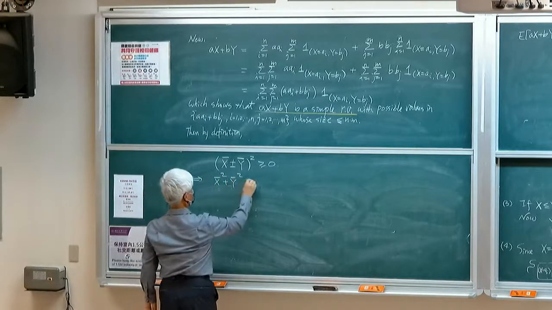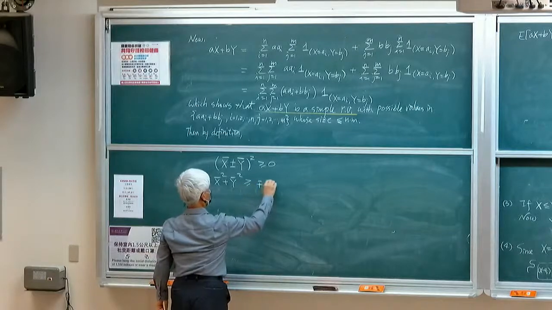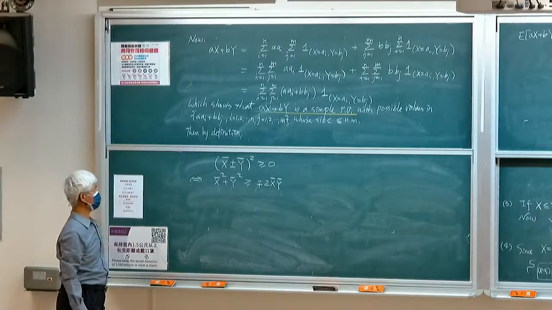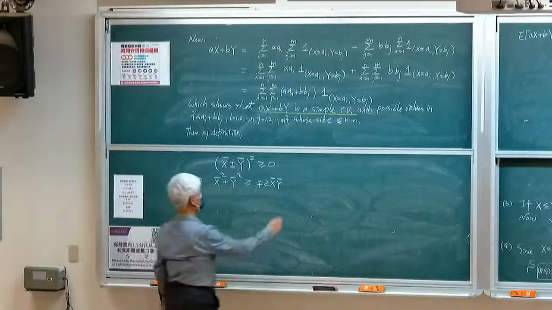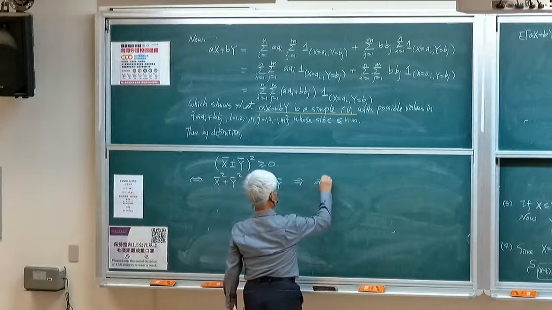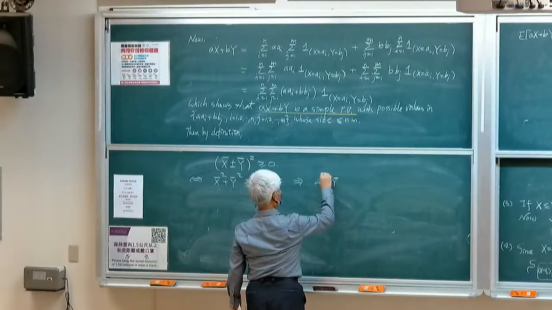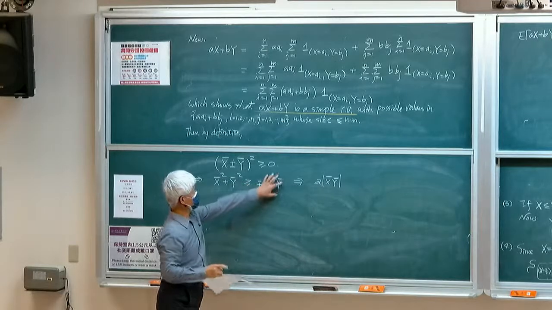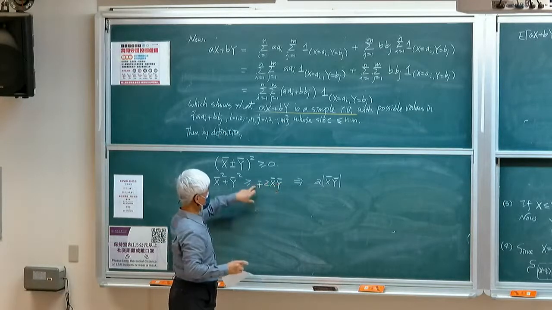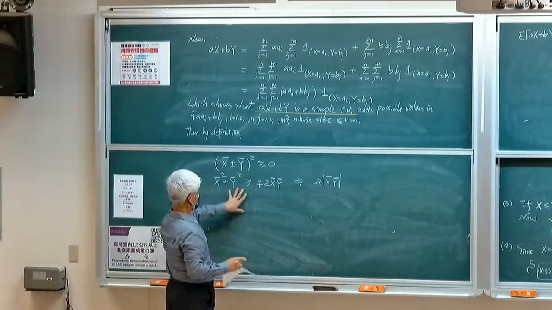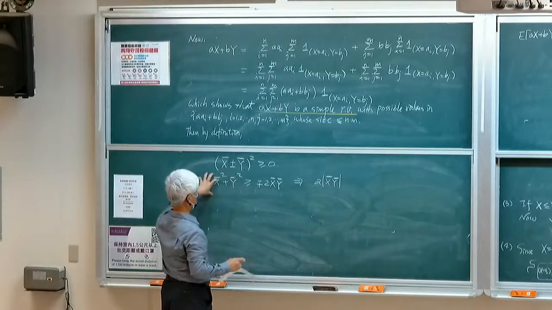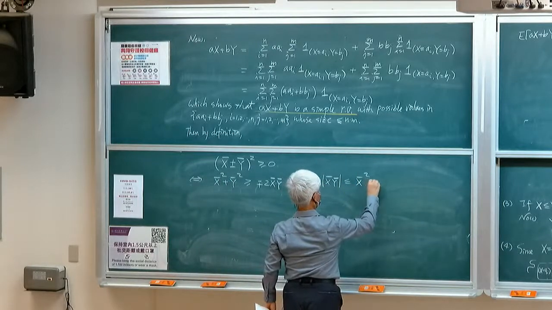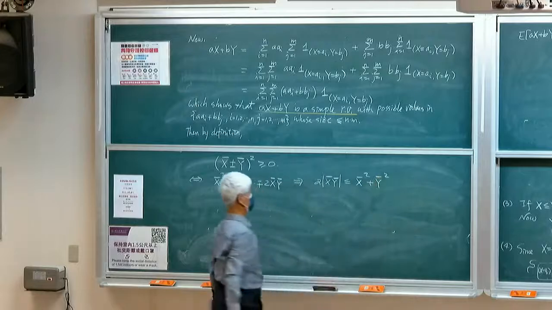So their square is greater than or equal to 2 x bar y bar. This implies that 2 times the absolute value of x bar y bar is bounded above, no matter which sign you take, so that you take the absolute value and get the same result.